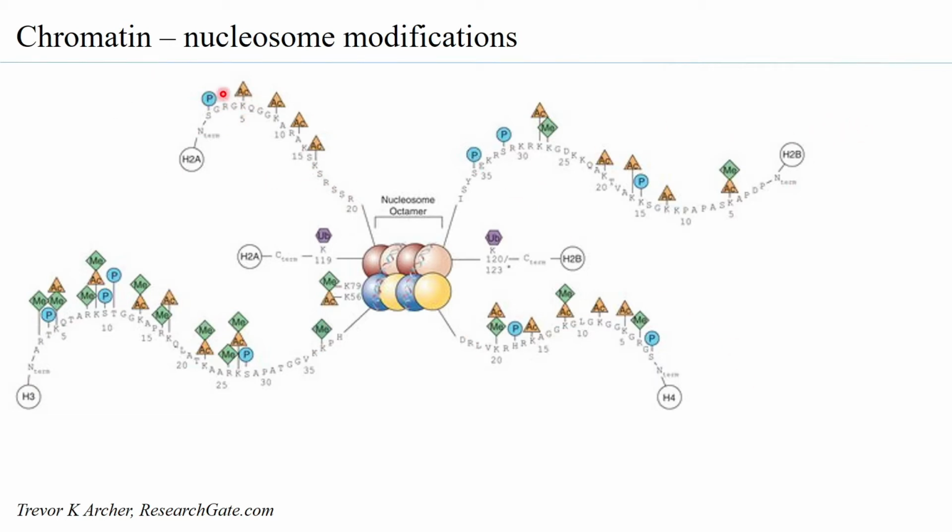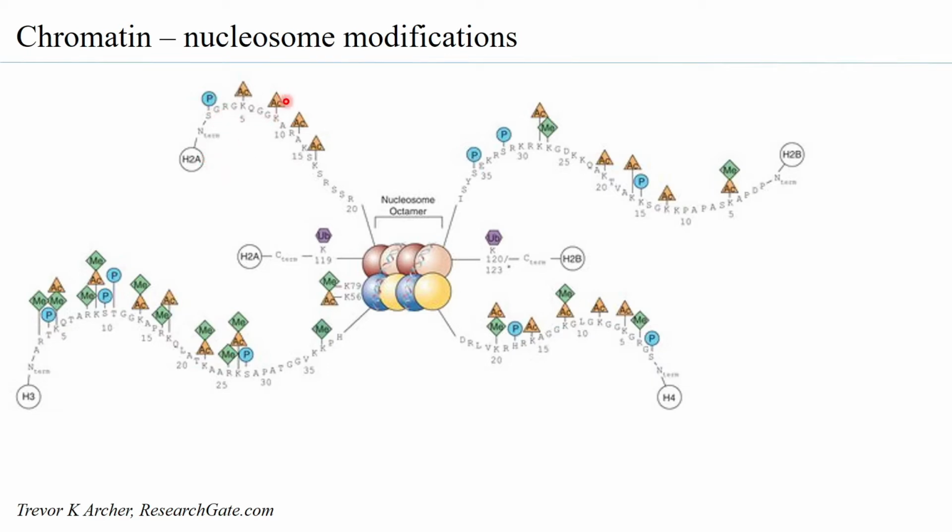Now, these lysines and serines and arginines are residues to which several chemical groups are added. This is what is called covalent modification, and this happens post-translationally, after the translation has happened. So these modifications are post-translational modifications. There are several different types of post-translational modifications that can happen at the histone tails.